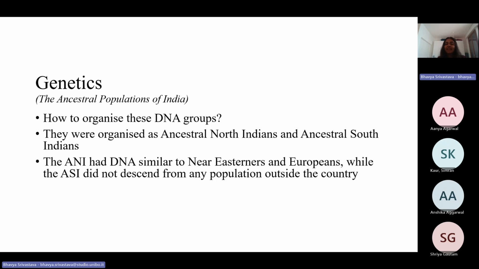They said that the ANI had DNA similar to present day Near Easterners and Europeans, while the ASI did not have any DNA that would have come from a population outside the country, which we know is not exactly the case, but it's a camouflage. It's a camouflage used to not create any linguistic racial divide.